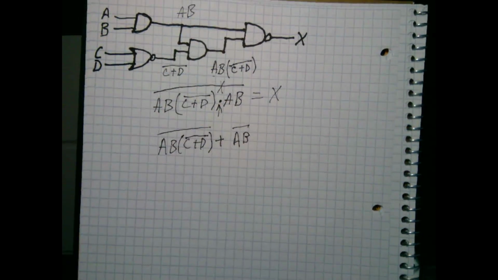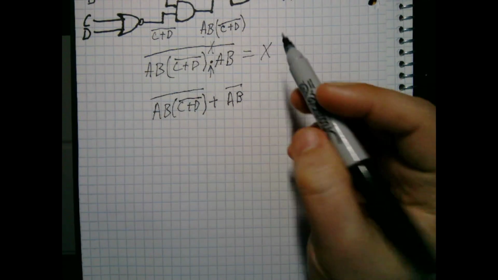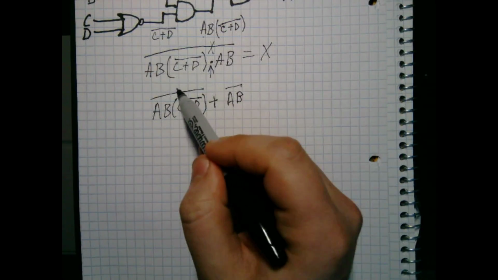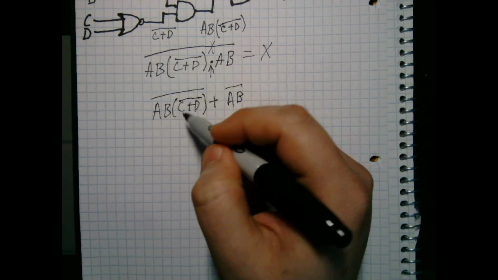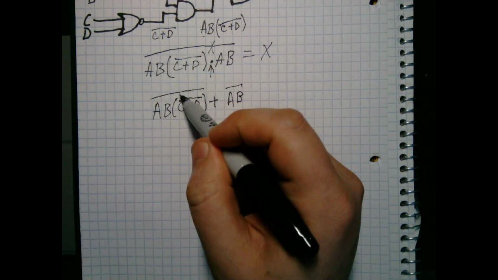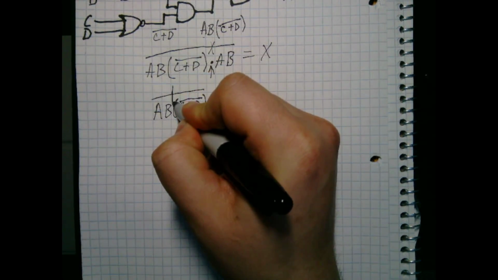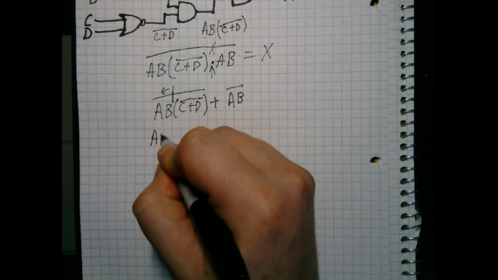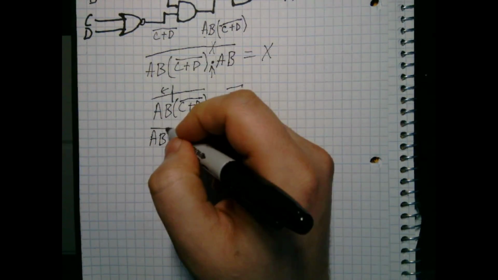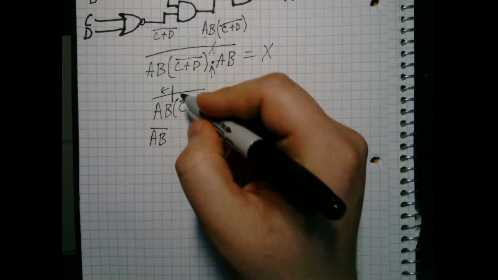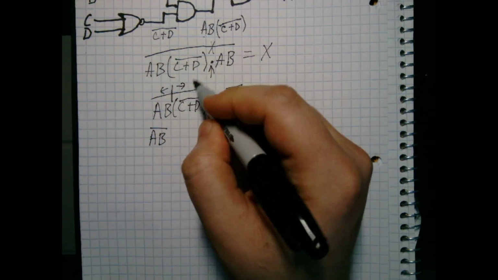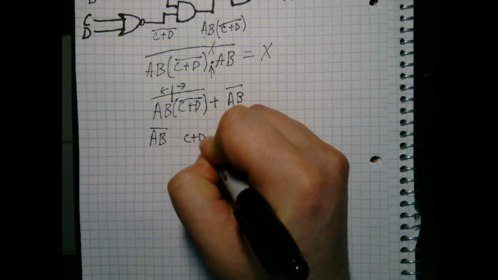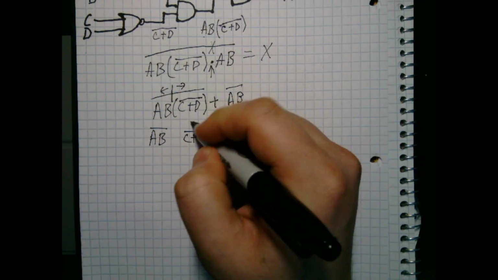So now, let's say we want to get rid of this big bar here. Well, we're just going to keep doing DeMorgan's. We're going to split the bar here this time, and the left half would be just the AB with a bar over it, or basically just a NAND, and the right side of this split will be our C NORed with D with a big bar over it.